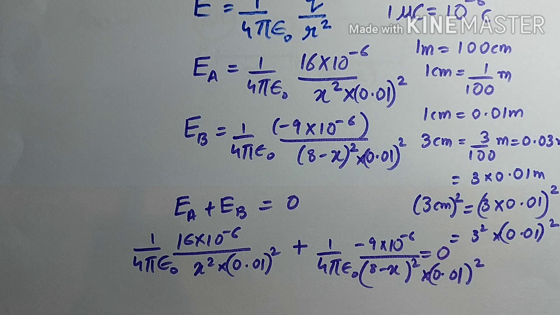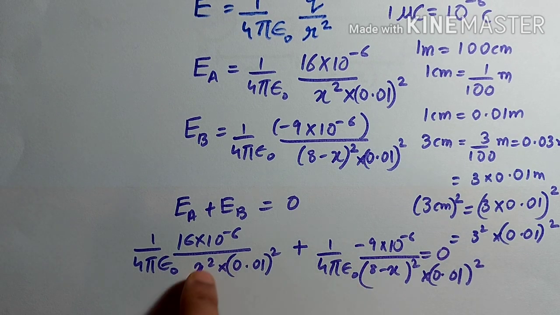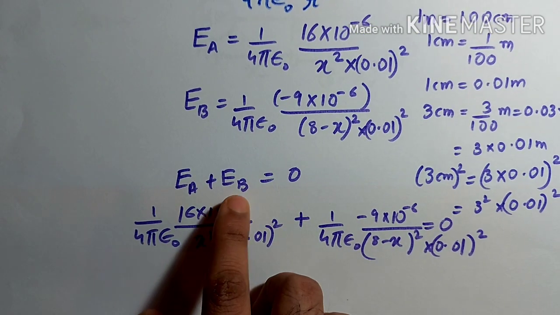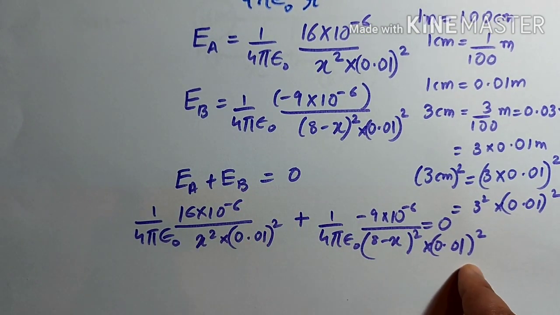That is, the net electric field due to the two charges at point P is 0. So I am writing EA plus EB at point P is equal to 0.